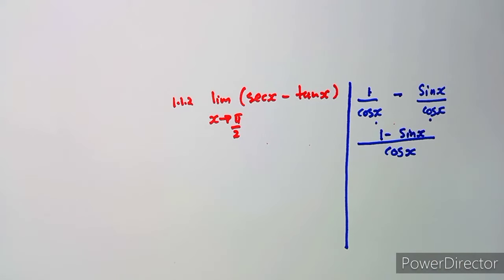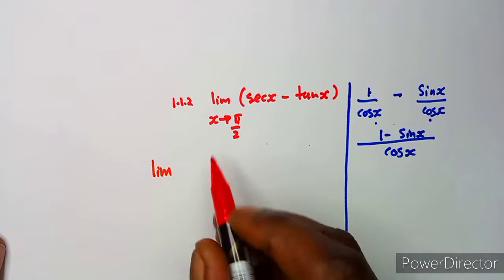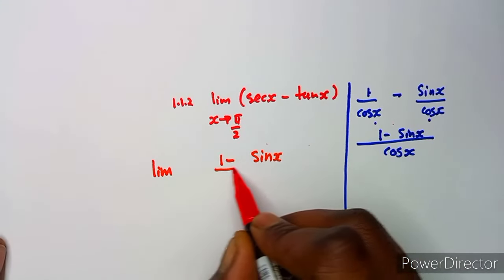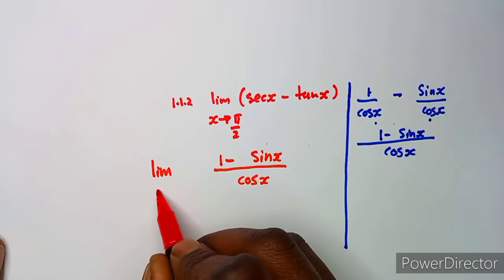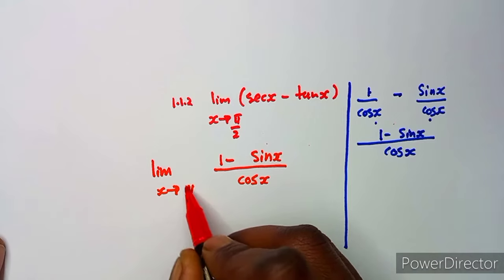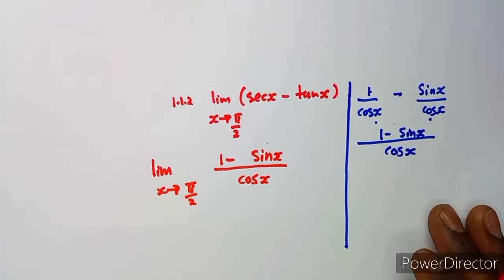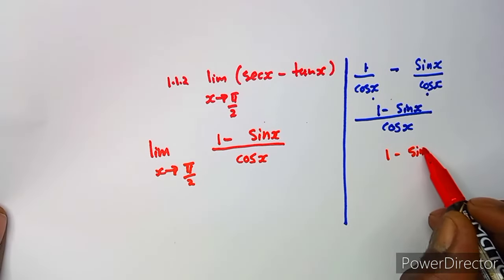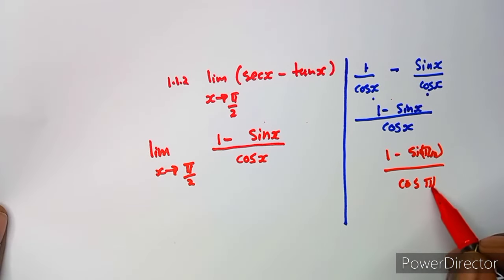So if we are to write this as a fraction, it means we have got the limit of this fraction, 1 minus sine x over cos x, which is much easier for us to clearly substitute the value of x when it approaches pi over 2. So if our x is pi over 2, this is going to be 1 minus sine pi over 2 over cos pi over 2.